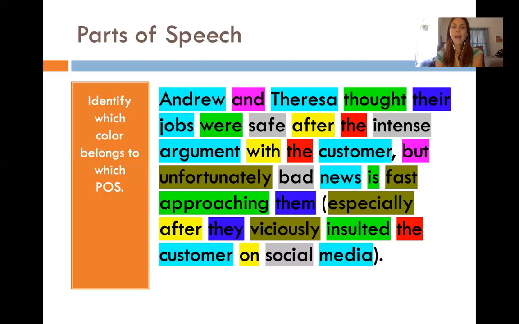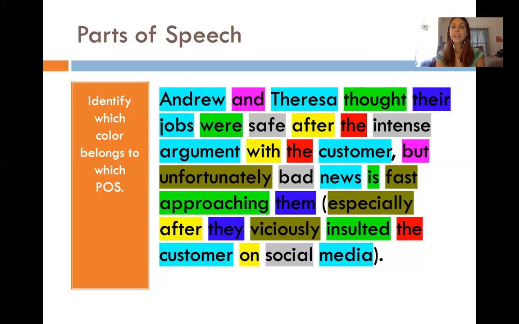What about after with the yellow? Yeah, after is a preposition. Okay, so we have after, with, and on. So with can be a little bit funky. With could kind of be a subordinating conjunction. It can also be a preposition.